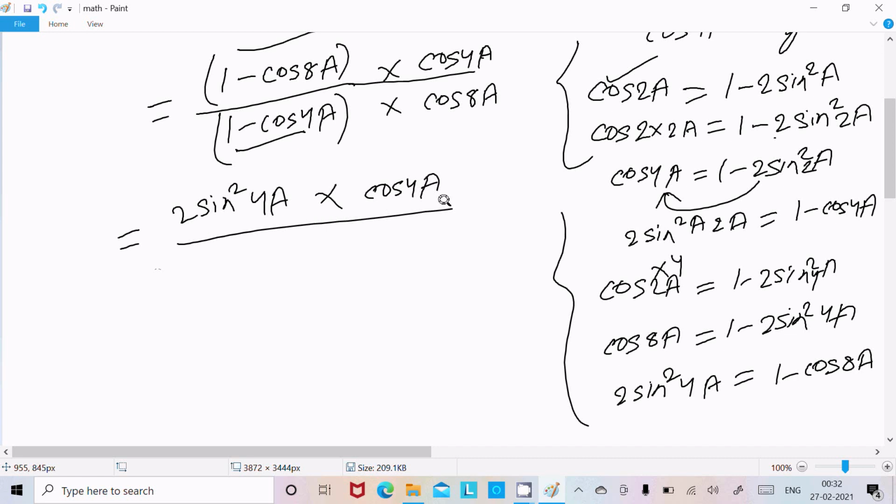And 1 minus cos 4A we can write as 2 sin square 2A into cos 8A.